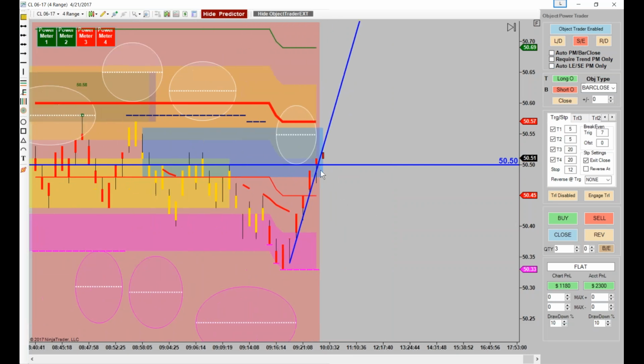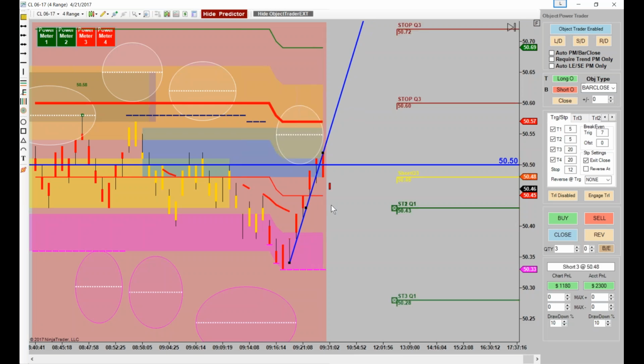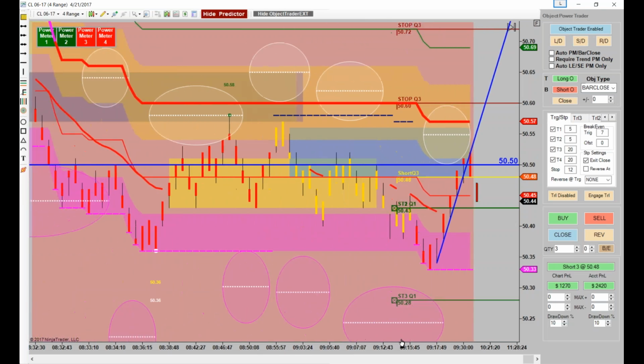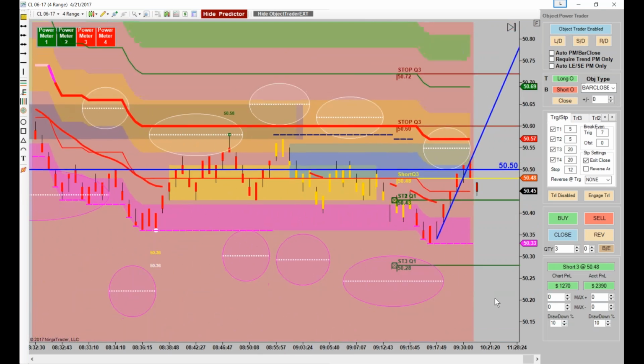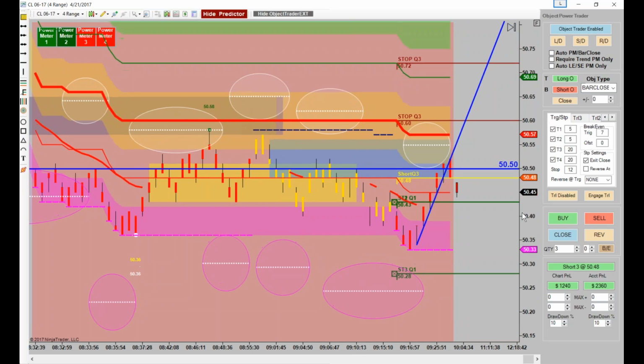And if it breaks the trend line, like that, see, it's trying. It went through resistance, went back through it again. That's usually when I just grab it. Everybody see that? Not a bad little trade.